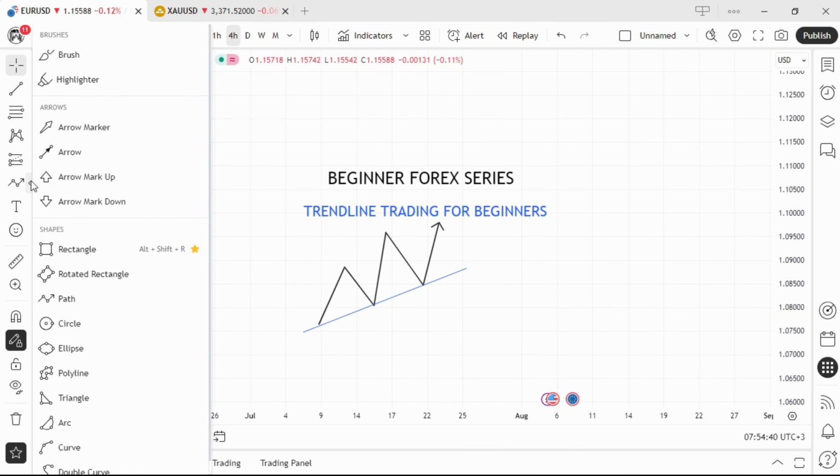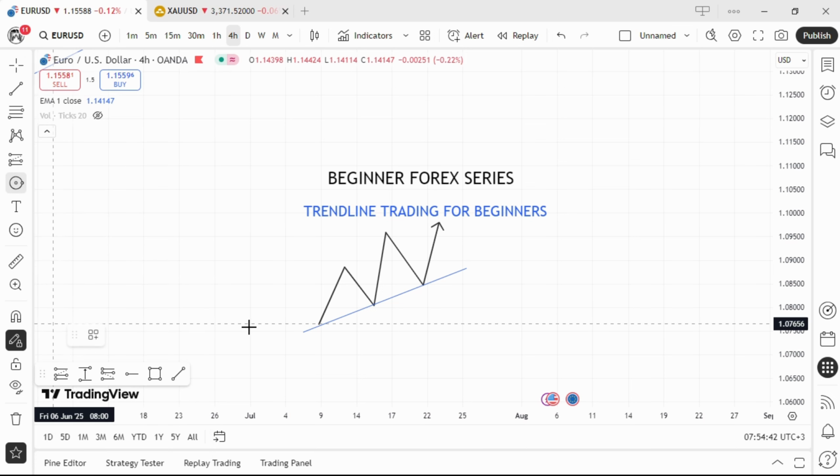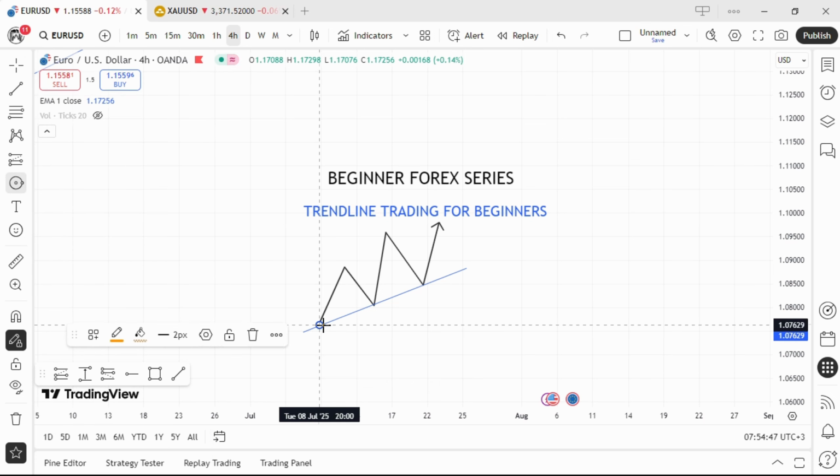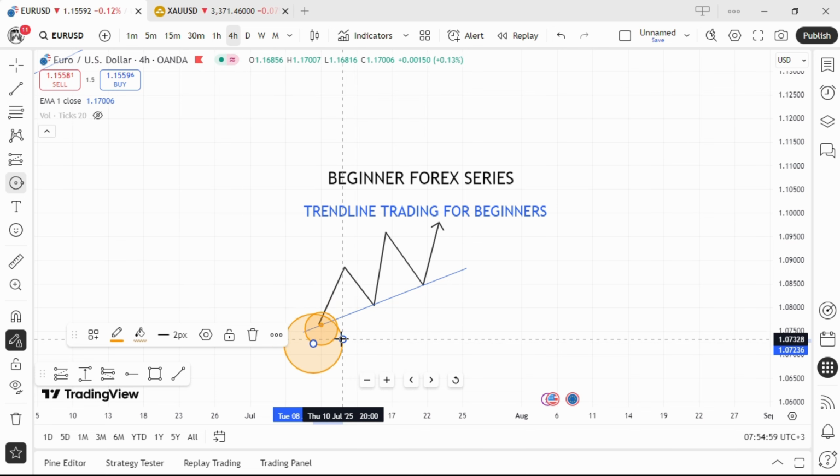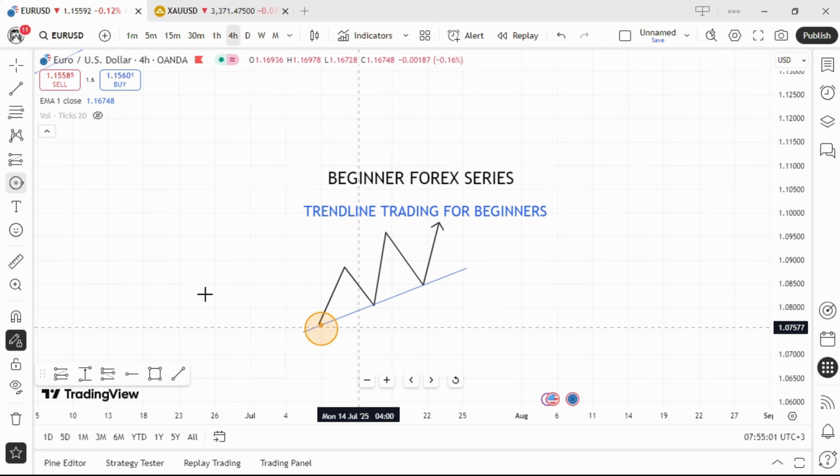When you're trading trend lines, you need at least three touches. No, I mean two. That's one, the first touch.